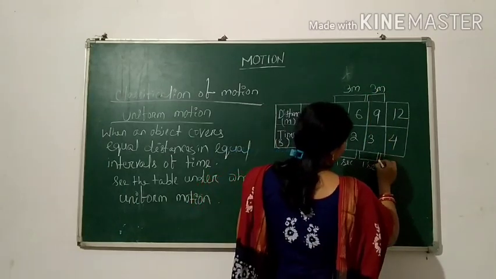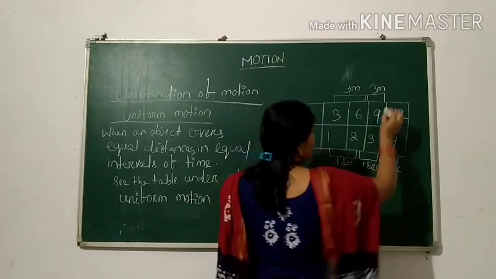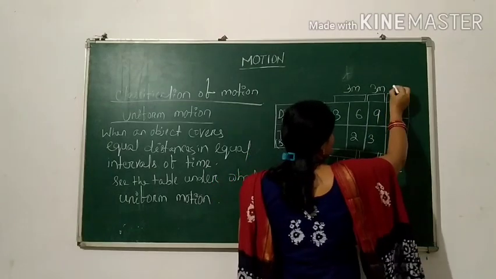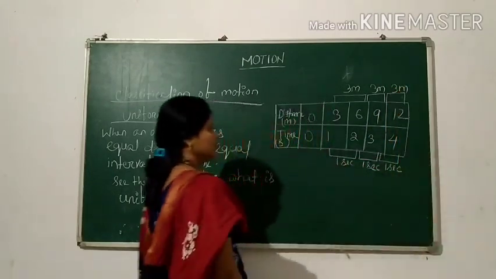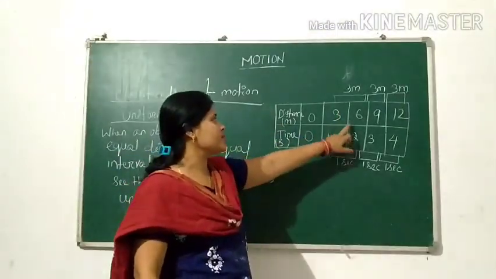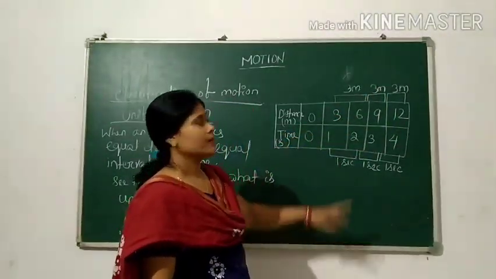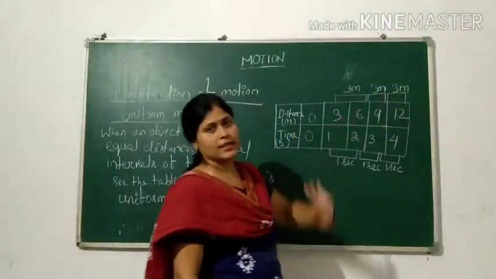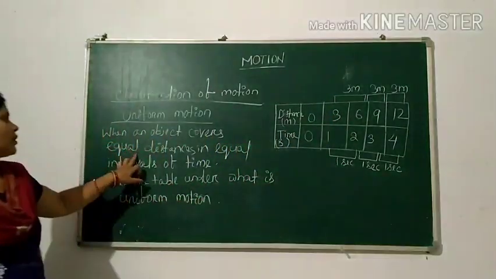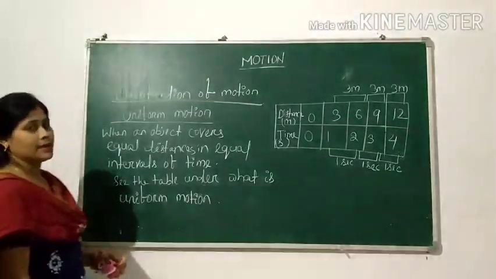Then from 3 to 4 second, again the time interval is 1 second, and the distance traveled is 12 minus 9, that is 3 meter. That means in each 1 second, the distance traveled by an object is 3 meter. So 3 meter is constant here. So we can say that equal distances are covered in equal intervals of time.